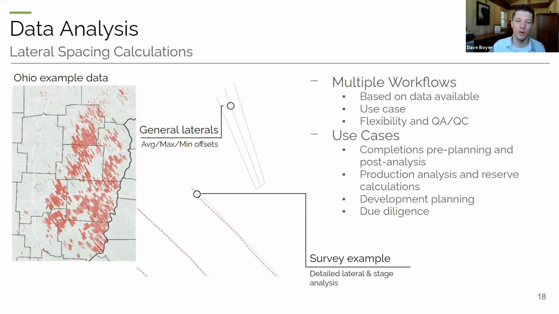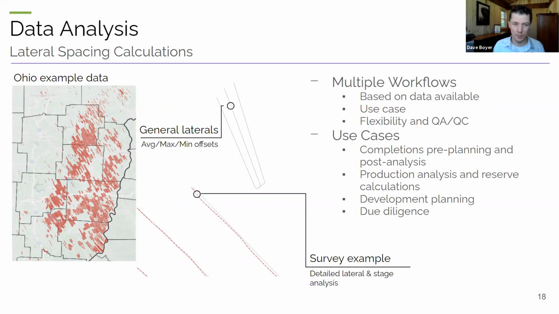Another workflow is if you have all the survey data, I can now do detailed lateral and stage analysis. If we want to get a very specific distance between, say, stages, say if they're 35 and 36 here and 48 and 49 over here, we can start looking at the spacing on a stage basis and then start pulling that in with more completions data and do either pre-planning for your next completions job or look back at post-analysis and see if there's anything related to that in your completion frac job.